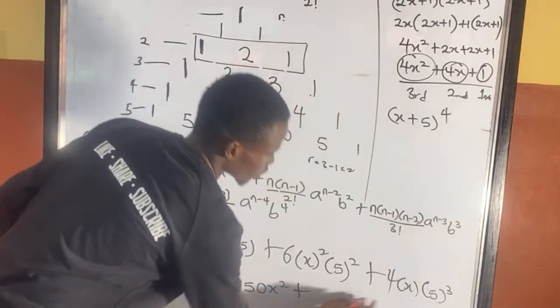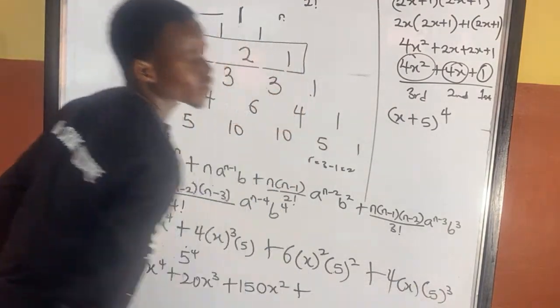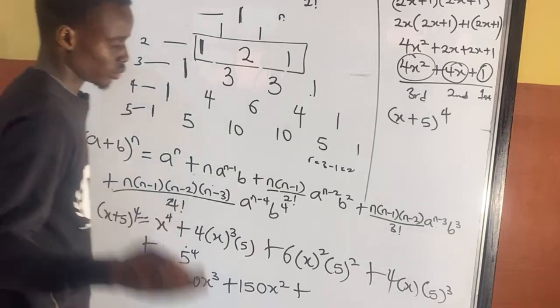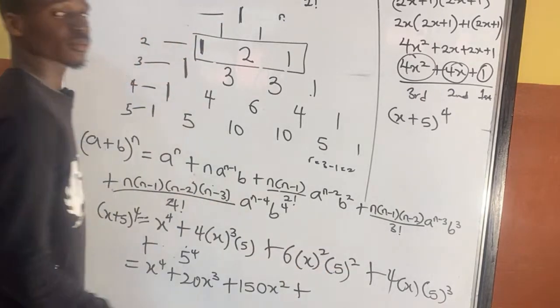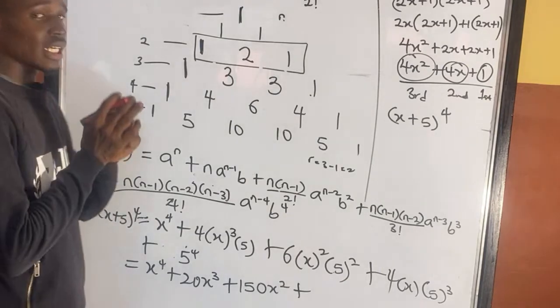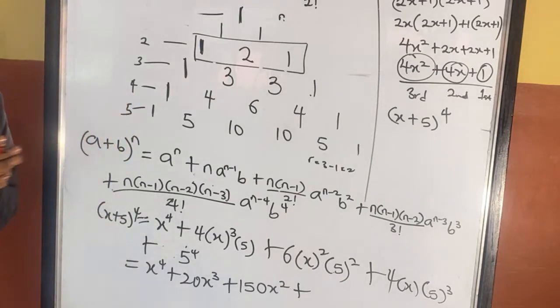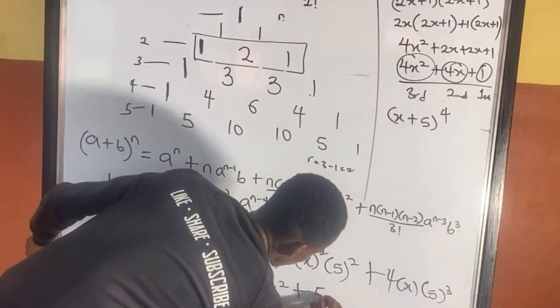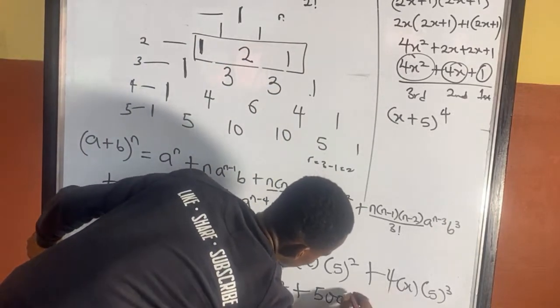Next is what? Plus 5 raised to the power of 3 is what? 5 times 5 times 5. 5 times 5 is what? 25. 25 times 5, 125. 125 times 4 is 500, right? 500. Don't forget your what? x.